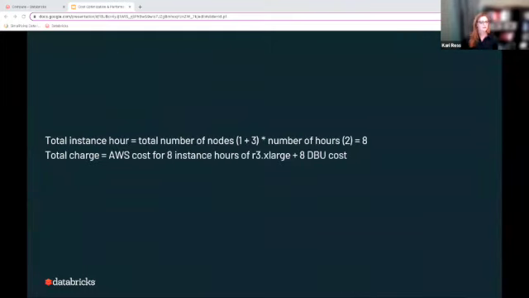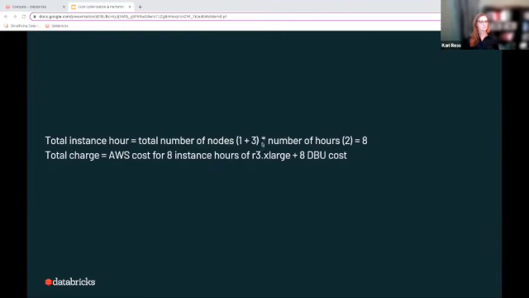And this is just a summary of how the total charge is calculated. You look at the instance hour, which is your DBUs, and you look at the number of nodes you have. You're always going to have a driver node, which is this one here, and in this example, I've got 3 worker nodes. You take that times the number of hours, and that's the number of instance hours.